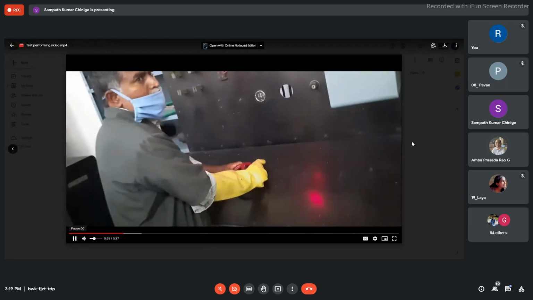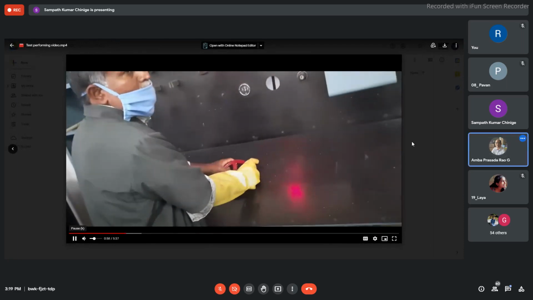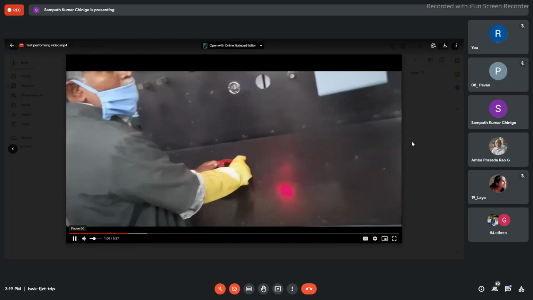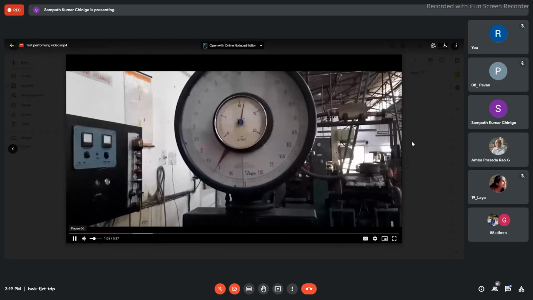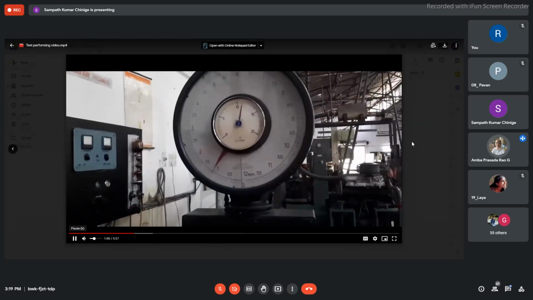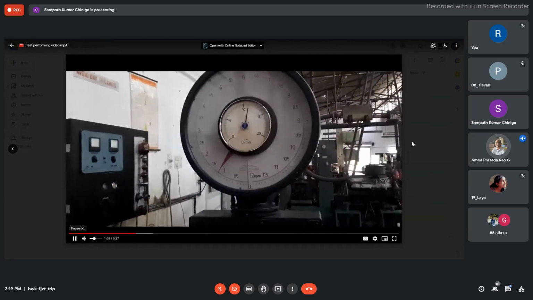Speed is very near to 1000 RPM. 1100 RPM. So correspondingly the torque meter reading is observed.